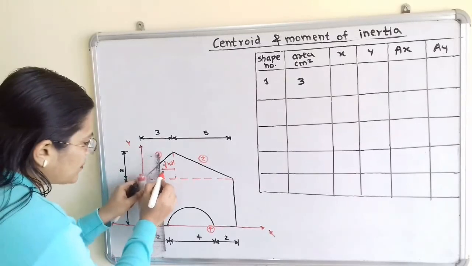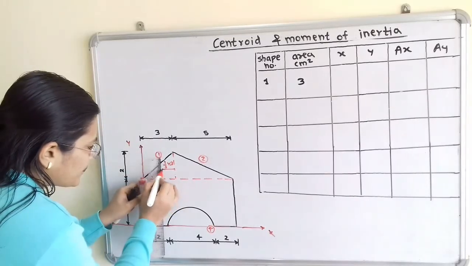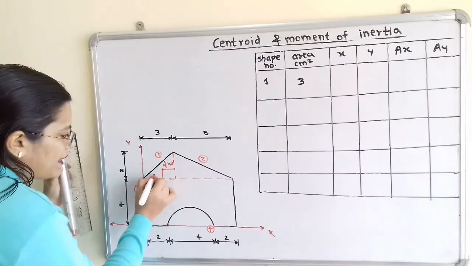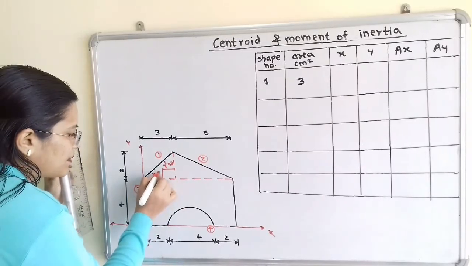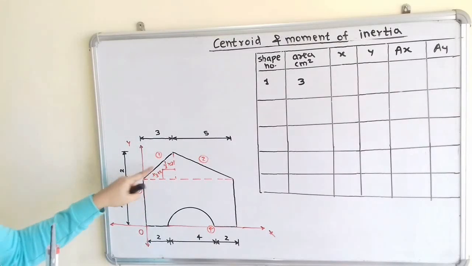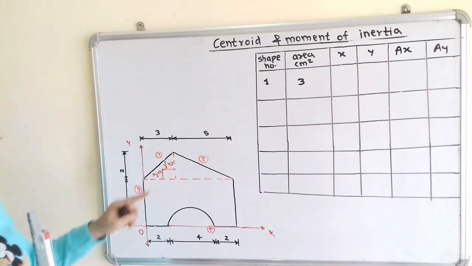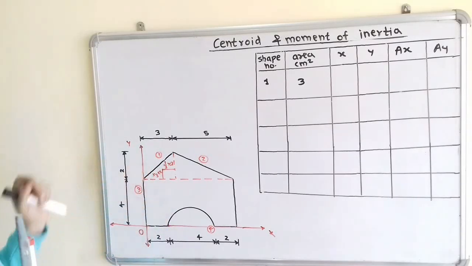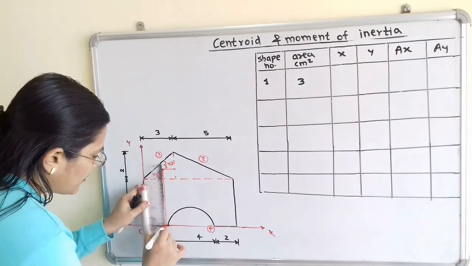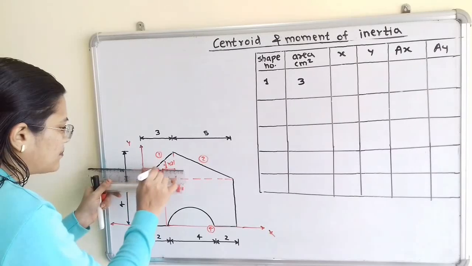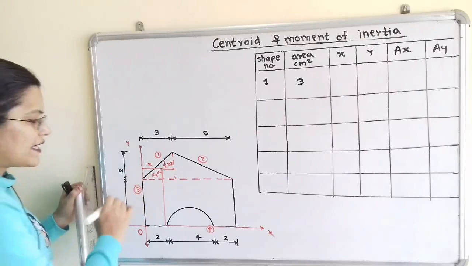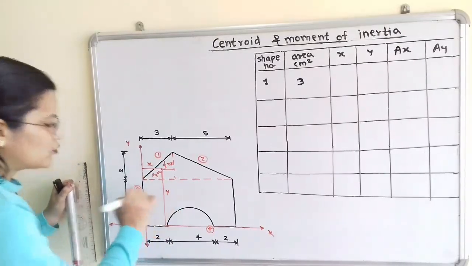The distance from the base is also equal to 1 by 3 multiplied by height, that is 1 by 3 multiplied by 2. Now we will draw two perpendicular lines, on the x-axis as well as the y-axis, from this centroid. This horizontal line is known as x and this vertical line is known as y.